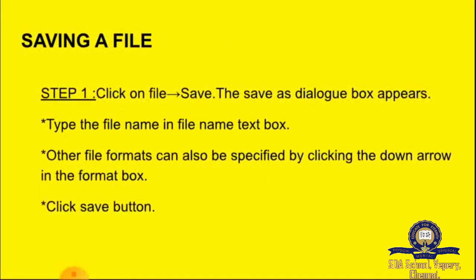Next is saving a file. Step 1. Click on File, Save. The Save As dialog box appears. Type the file name in the file name text box. Other file formats can also be specified by clicking the down arrow in the format box. Then click Save button.